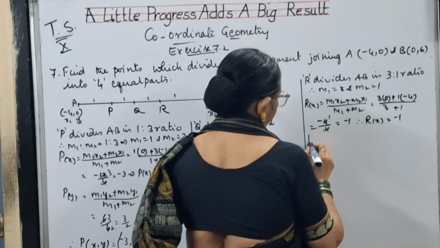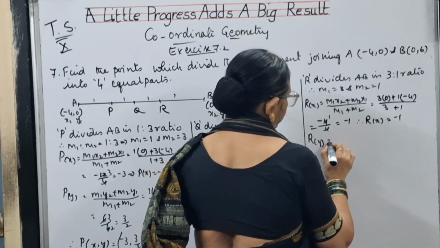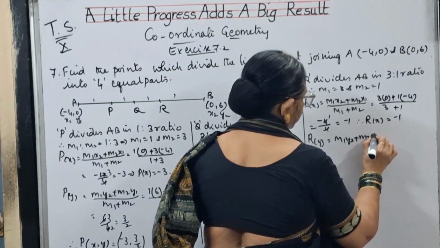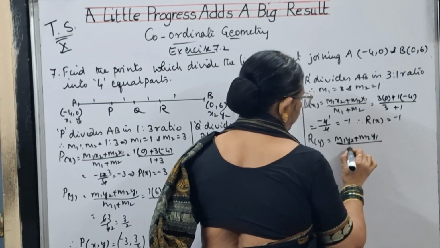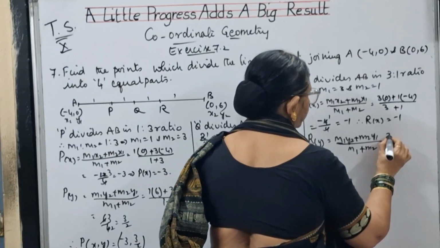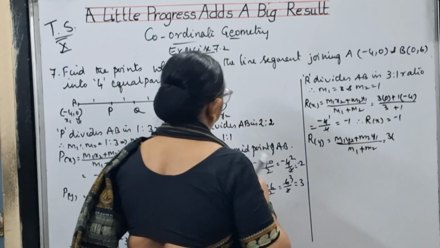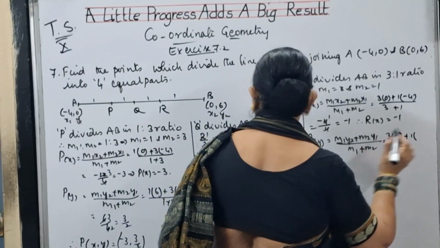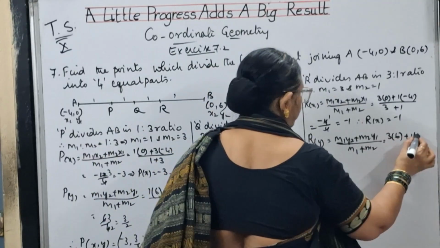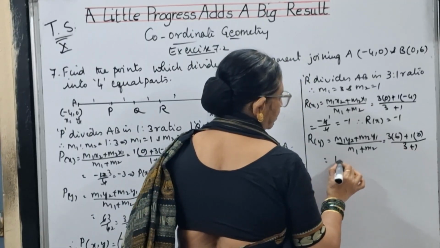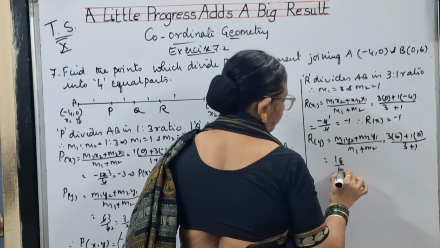Now, let us see what is R of y. (m1 y2 + m2 y1) by (m1 + m2). M1 into y2, y2 is here 6, plus m2 is 1, y1 that is 0, by 3 plus 1. That is 18 by 4.